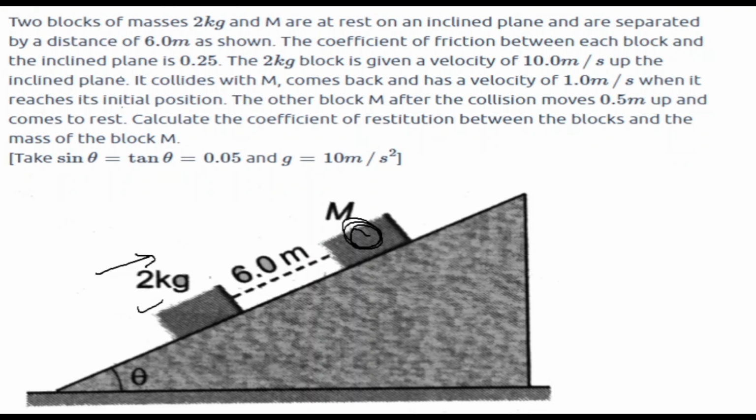That means this block first goes up, collides with this mass, and then comes back to the same position from where it started. And when it comes back, it has a velocity of 1 meter per second down the inclined plane. So we have to calculate the coefficient of restitution between the blocks and the mass of this block.